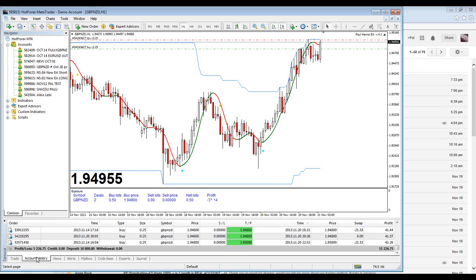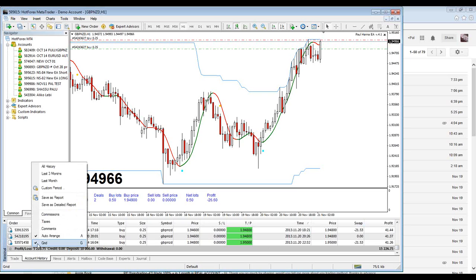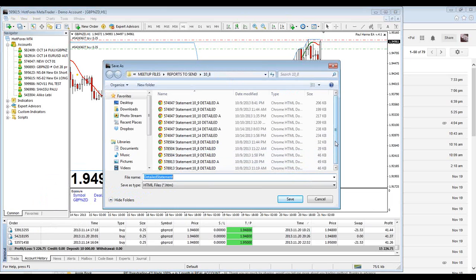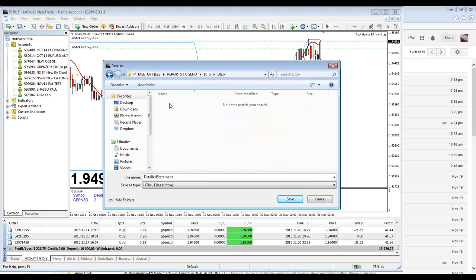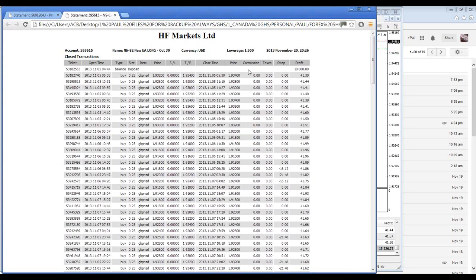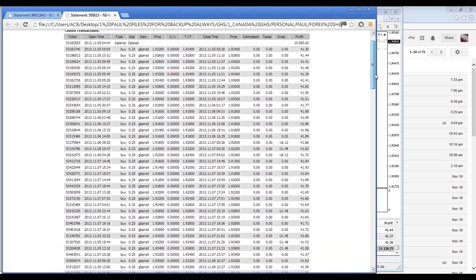So you have made approximately 50% profit in, let's see here, all history. I'm going to run a report here, a detailed report. Dilip, you started this account with 10,000 on November 5th and today we are at November 20, 15 days.